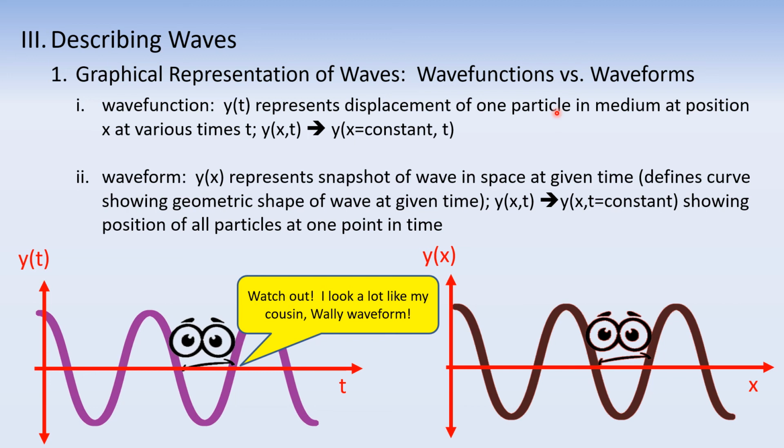So you'll notice here that for the wave function, the horizontal axis is really a measure of time, whereas for the waveform, the horizontal axis is described by a position x. The shape of the wave function and the waveform may look similar, but we're graphing two very different quantities on that horizontal axis.